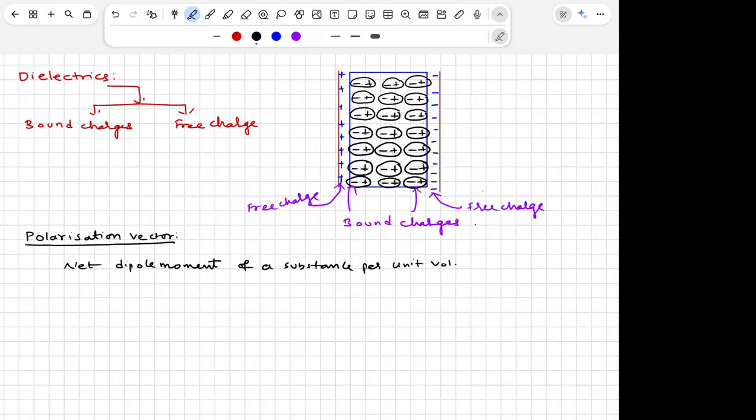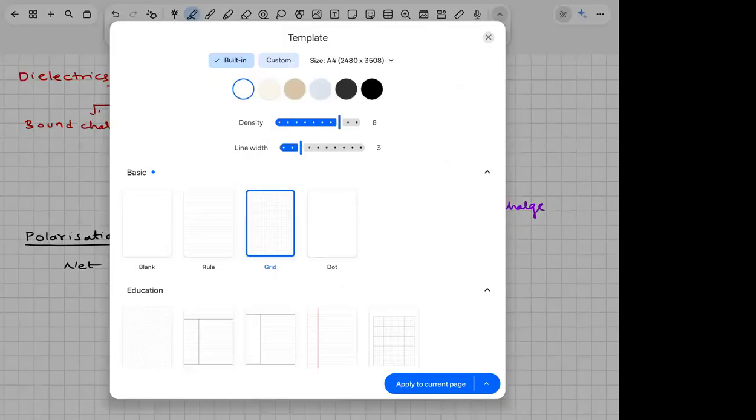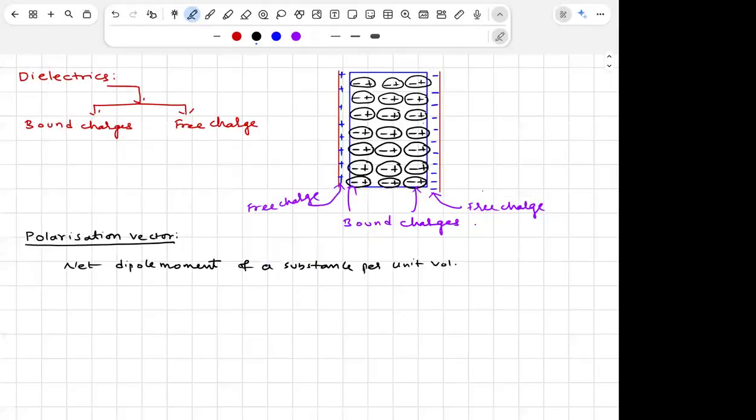I repeat, what is the polarization vector? The polarization vector is defined as the net dipole moment of a substance per unit volume.